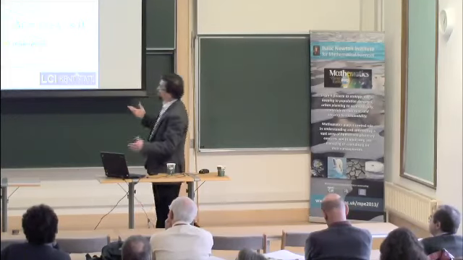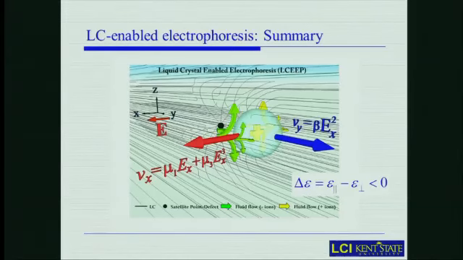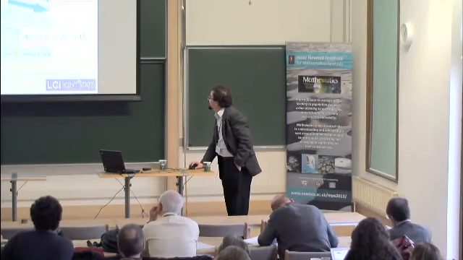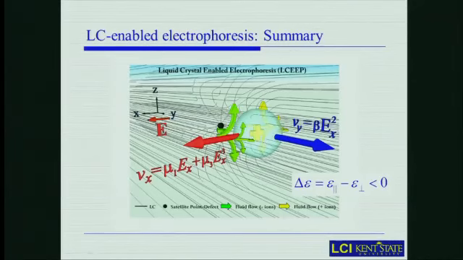And in liquid crystals, it turns out that, again, you just do one simple thing. You change the temperature, and your fluid becomes a liquid crystal. And it turns out that electrophoresis dramatically changes. Now, not only do you have the motion of the particle parallel or anti-parallel, depending on the charge, to the applied electric field, shown here, but you also have a motion that is perpendicular to the applied electric field.